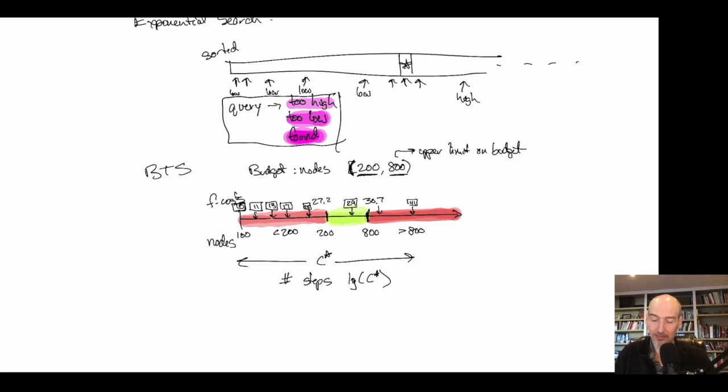Now we need to ask, how much does each of these steps cost? Because it's going to be log C star times the cost of each of these steps. Well, the steps down here at the bottom are all going to be less than whatever the lower bound is, but the step at the top, if I go over, is going to be exactly the upper bound.